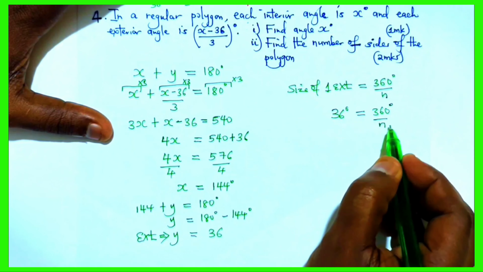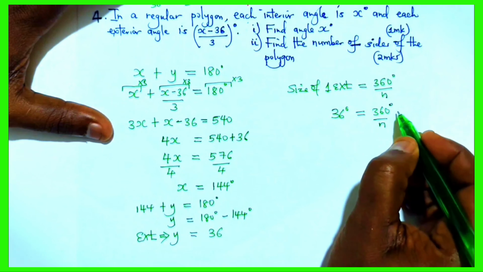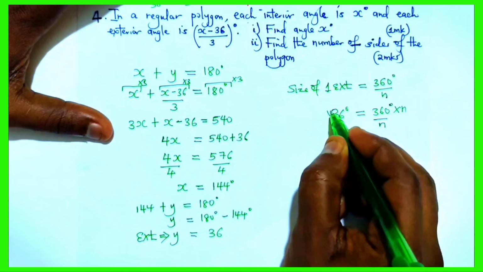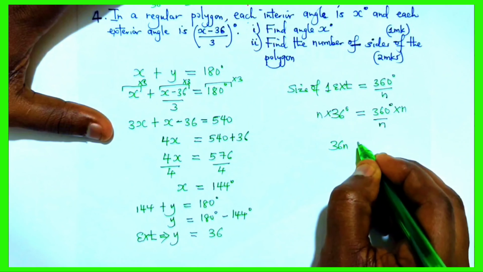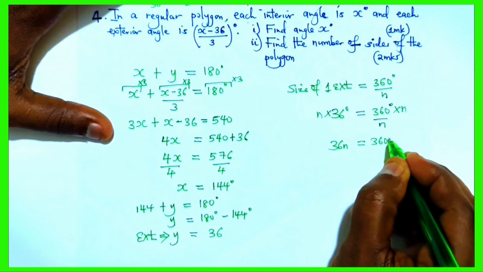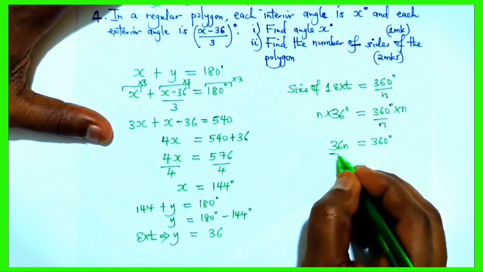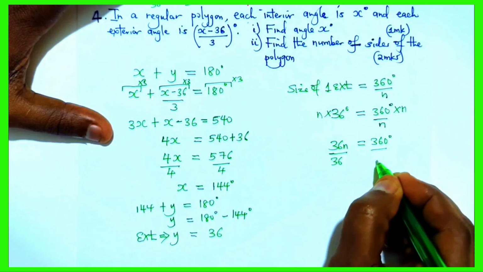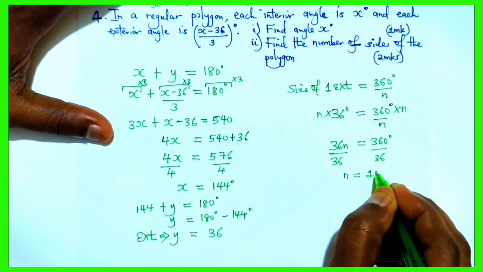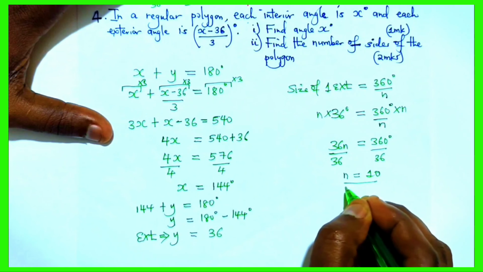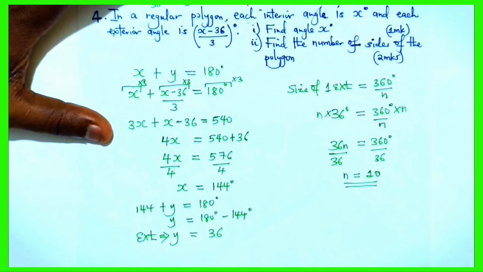And then you get rid of the denominator n by multiplying by n on both sides. We end up getting 36n to be equal to 360 degrees. And therefore, when you divide both sides by 36, you end up getting the value of n to be equal to 10. And this is the solution.